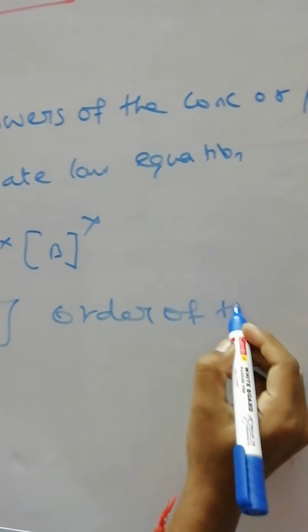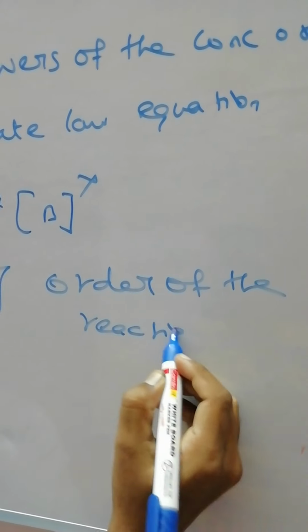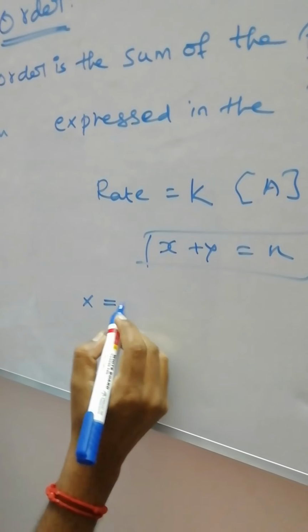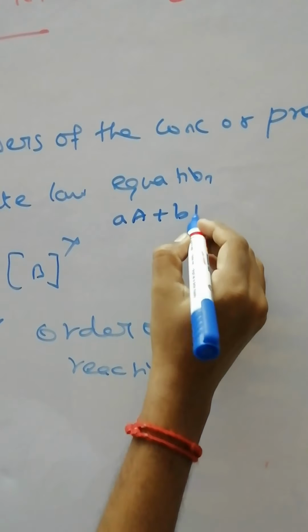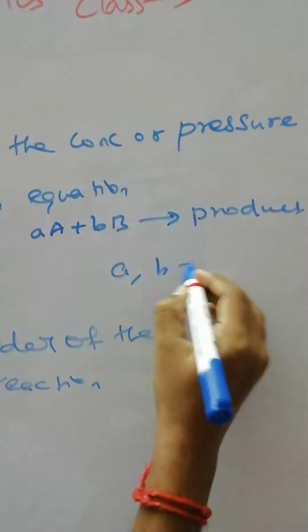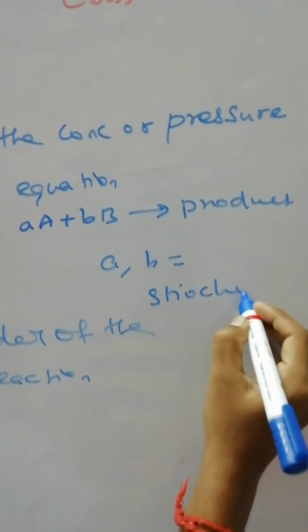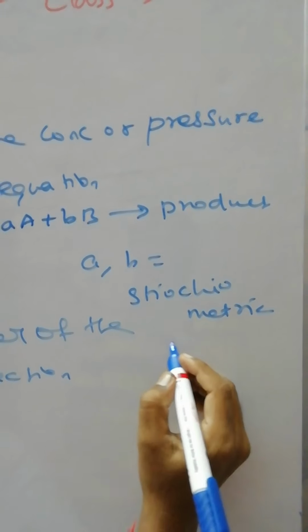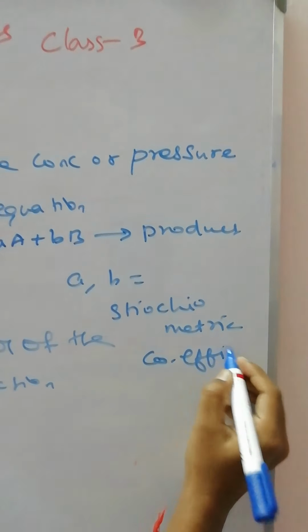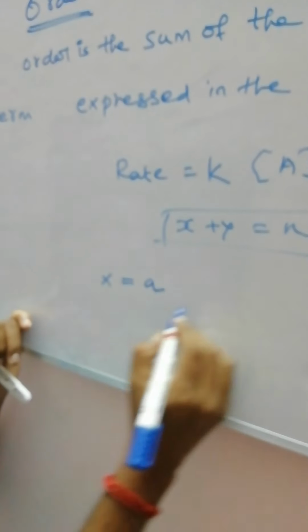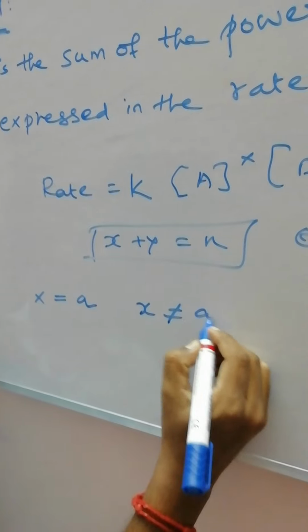Yesterday I told you, for the equation aA plus bB gives product, a and b are stoichiometric coefficients, which are useful for balancing the chemical equation. So X may be equal to a or X may not be equal to a.